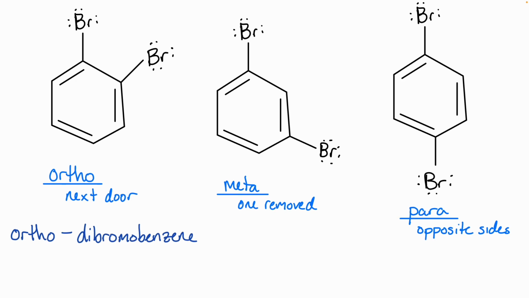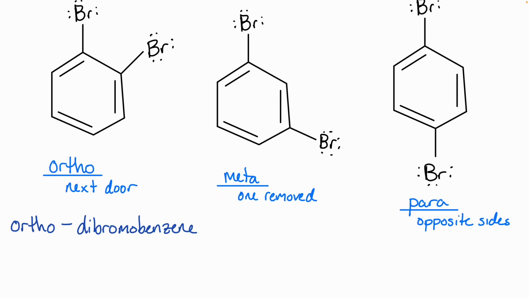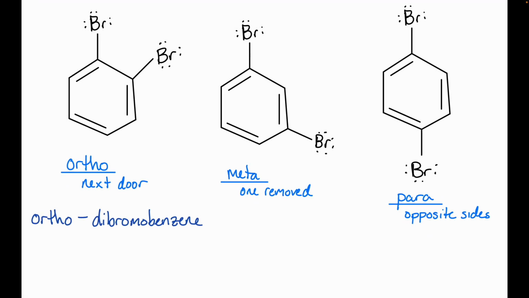You'll also see this shorthand where instead of bothering to write the word ortho, they just say o-dibromobenzene. All right, so based on analogy, see if you can't name these next two molecules for me.